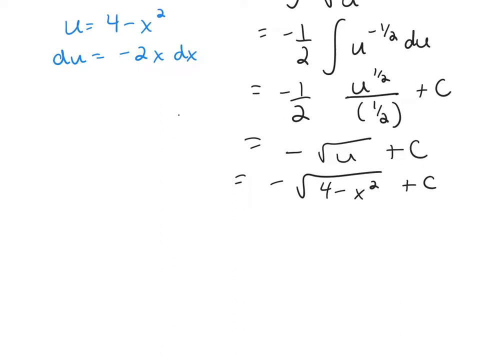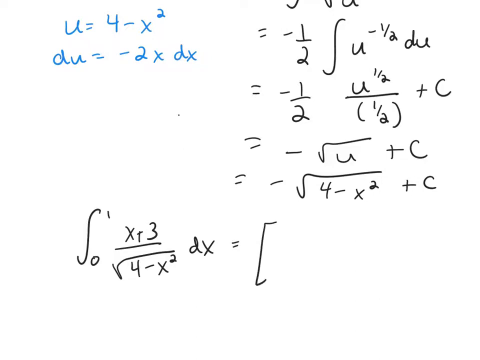So I can go back to my problem, the integral from 0 to 1, x plus 3 over the square root of 4 minus x squared. And so for the first integral, you had negative square root of 4 minus x squared. For the second one, we had 3 arc sine of x over 2.